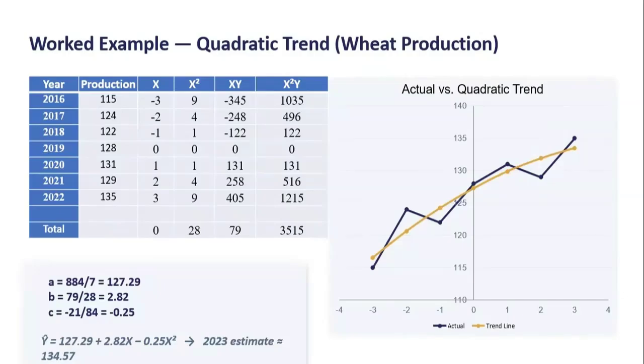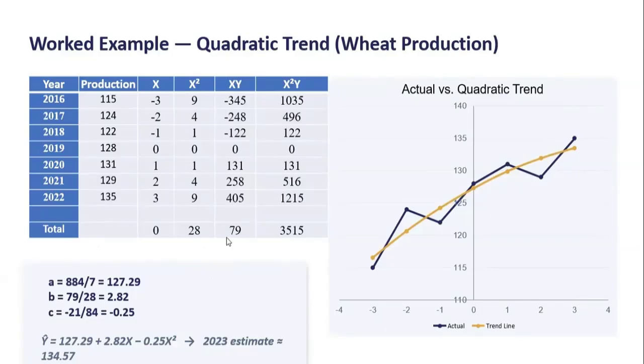Let's actually solve it. Same 7 years of wheat production coded symmetrically as x equals -3 to 3. So summation x is 0 and summation x cubed also becomes 0. We built out the sums. Summation y equals 884, summation x squared equals 28, summation xy is 79, summation x squared y is 3515.